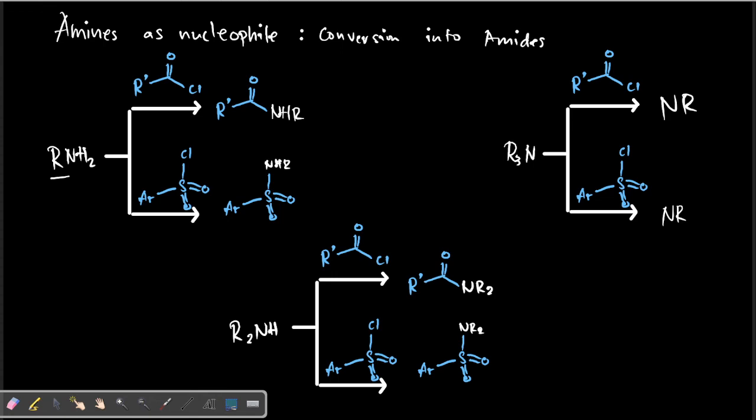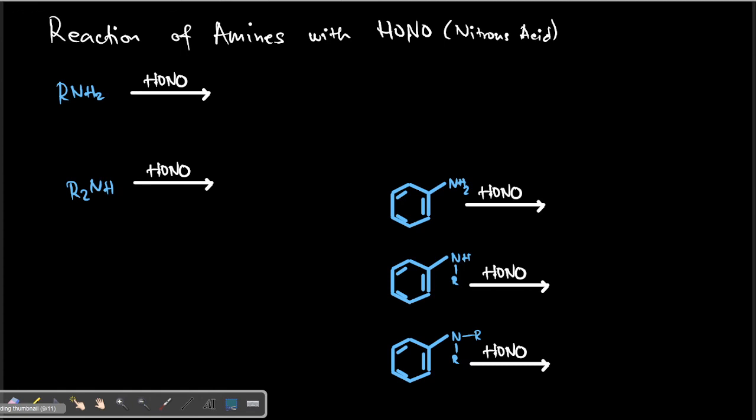Okay? So, for our last reaction, we have here the reactions of amines with HONO or yung tinatawag nating nitrous oxide. So, as you may see here, again, wala na naman tayong reaction with nung tertiary amines natin, simply because ang nangyayaring reaction naman dito ay electrophilic substitution.